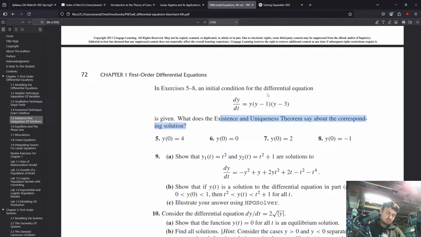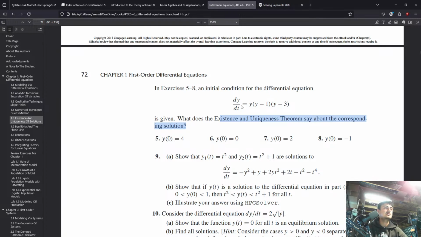So y cubed minus 4y squared plus 3y. If we integrate this whole thing, oh wait, we have to integrate the 1 over it. So it's going to be the integral of 1 over y cubed minus 4 times the integral of 1 over y squared plus 3 times the integral of 1 over y.